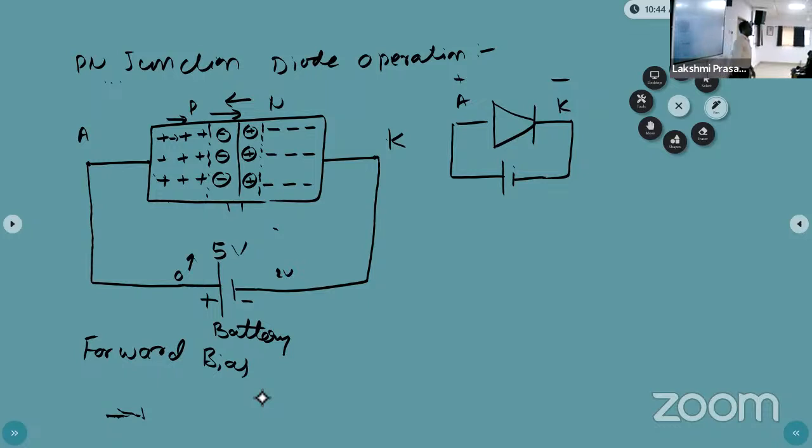Forward bias. In forward bias, the electron can move from N type to P type semiconductor, so the current is flowing from P to N type semiconductor, opposite of the electron. The electron is moving in this direction, and the current is moving in this direction, P to N. That's why the symbol is P type to N type, anode to cathode. So the current direction is this.